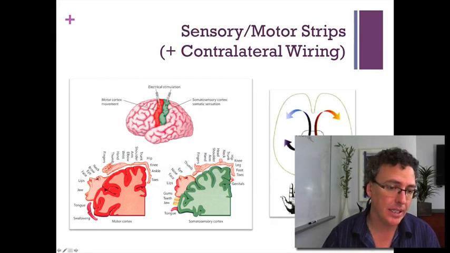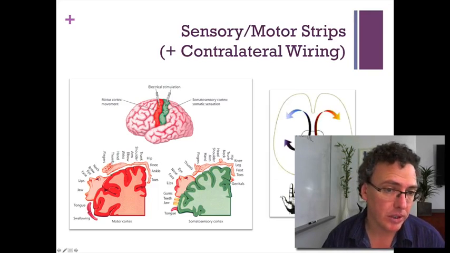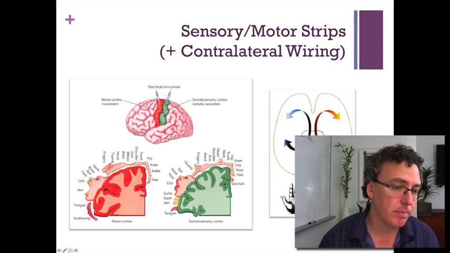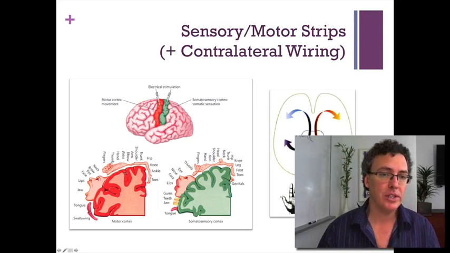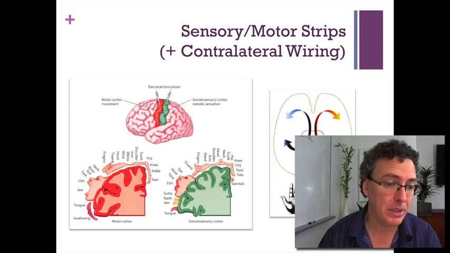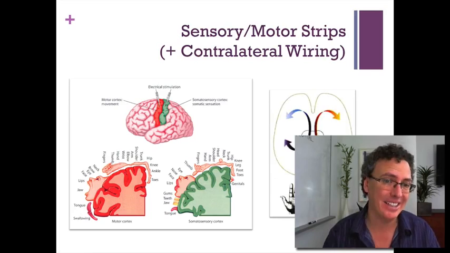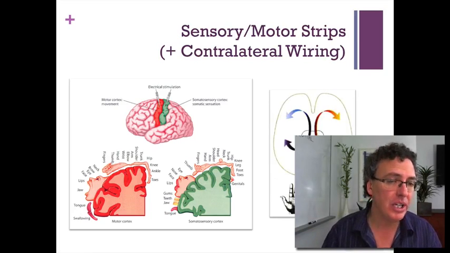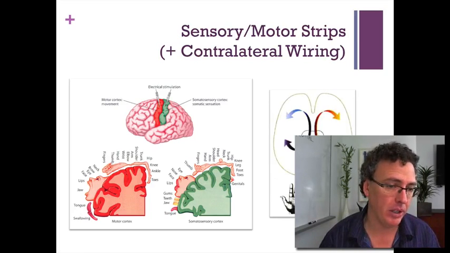Once again, we have this asymmetric representation, in the sense that the amount of brain tissue devoted to a given body part is proportional to the usefulness of that body part in terms of manipulating the world or acting, so how much we actually move and use that body part.